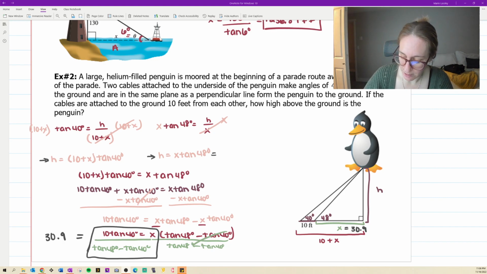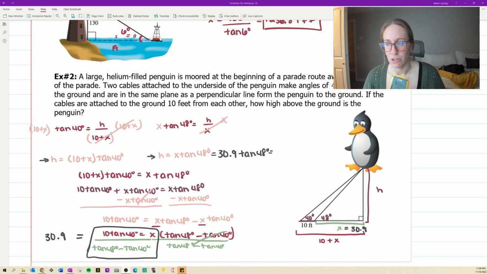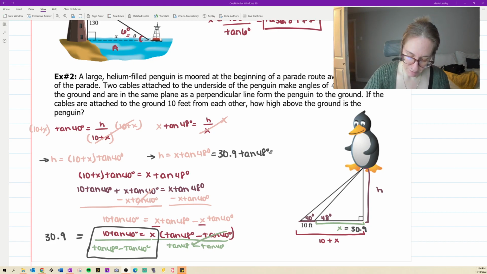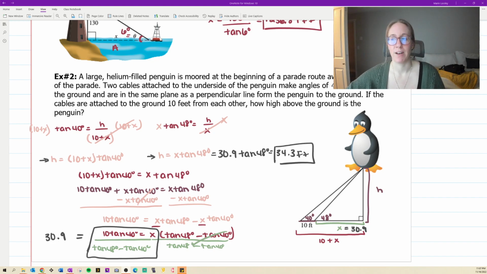So x is 30.9, and I'm multiplying that by the tangent of 48 degrees. Now I'm not actually using 30.9, I am using the exact value that is in my calculator. So I'm just going to say times tangent of 48. And that's going to give me 34.3 feet. Bam. And that is your final answer.